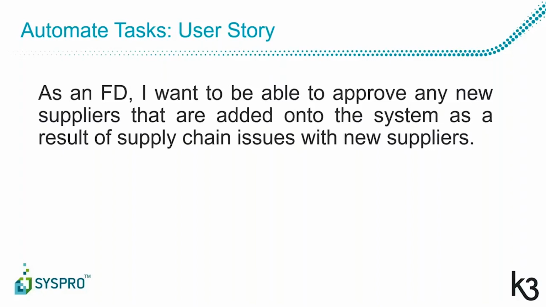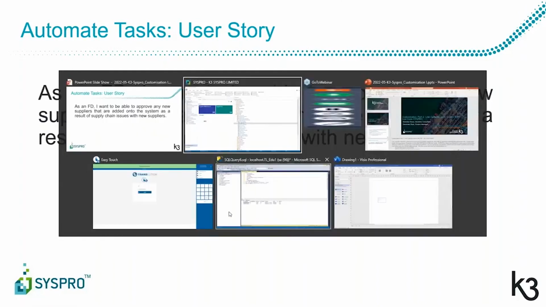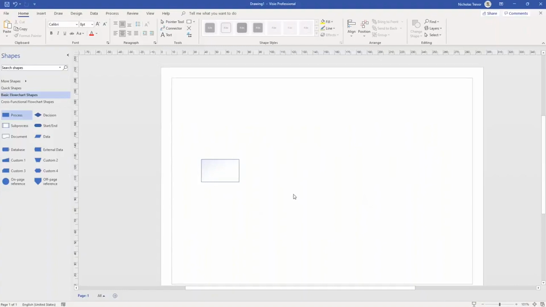So you can imagine someone's going to enter the supplier in SYSPRO, and I'm going to video this one out a little bit. So what we're going to have is when the supplier is added, they're going to go on hold. So we need to achieve that through a macro in the form. The next step, we're going to have a notification to the FD that says, X supplier has gone on hold.